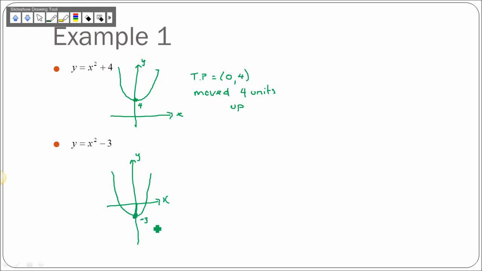It's minus 3, and again put my two pieces of information. The turning point is at 0, minus 3. And what's happened? Well, it's moved 3 units down. And that's all we need to do.